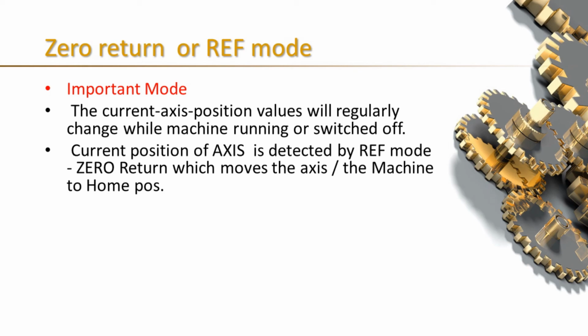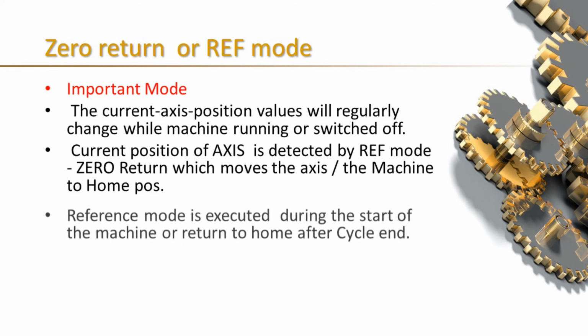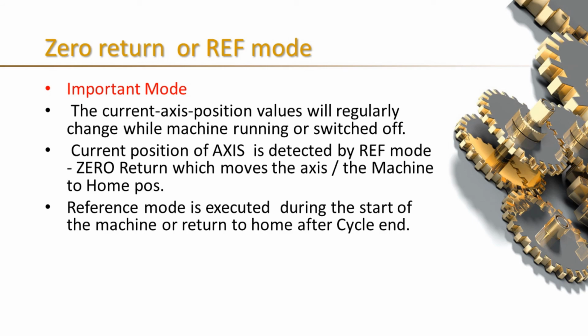It will move the axis or the machine to the home position once the work is done. So the reference mode is executed during the starting of the machine, or to return to home after the cycle ends, or during the cycle program to change the tool. The turret has to go to the home position and change the tool. So these are all the points where the zero return mode is used.